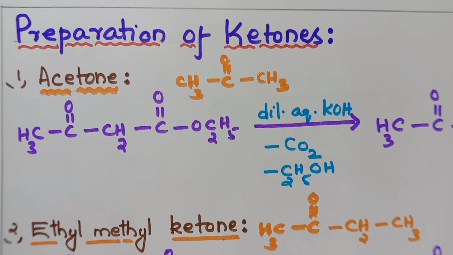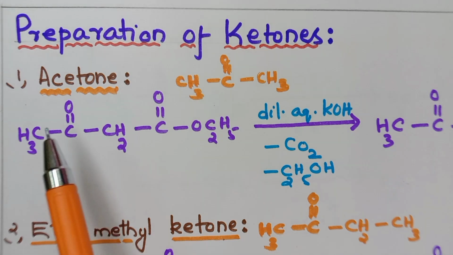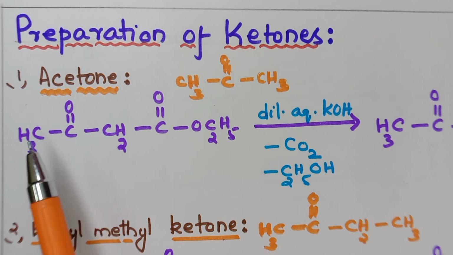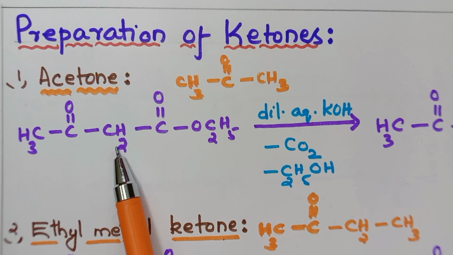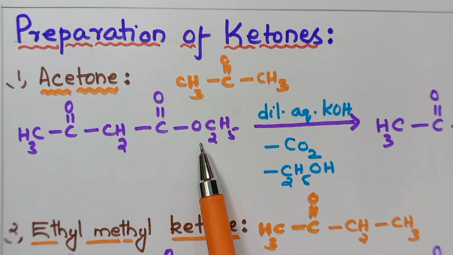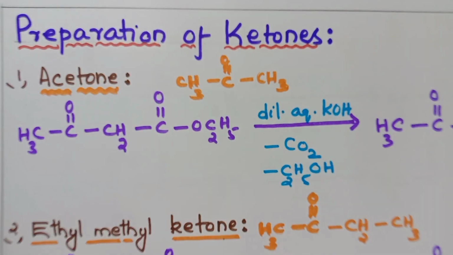Do you remember the formula of acetoacetic ester, students? Write down CH3, C double bond O, CH2, C double bond O, O, C2H5. Previously, for the preparation of monocarboxylic and dicarboxylic acids, that is under acid hydrolysis, the reagent used was concentrated alcoholic KOH.